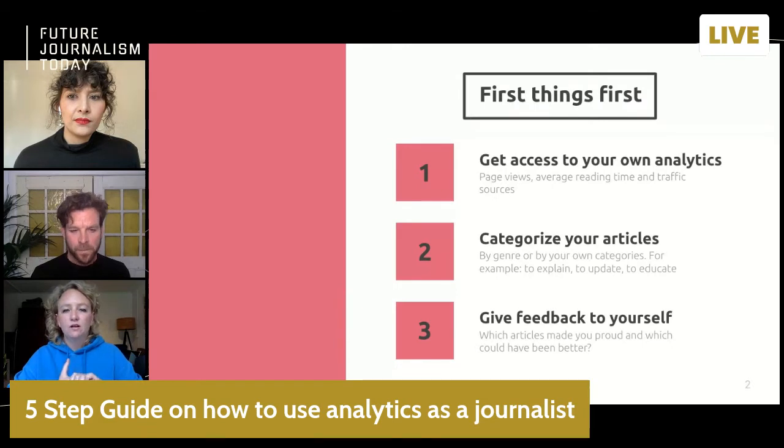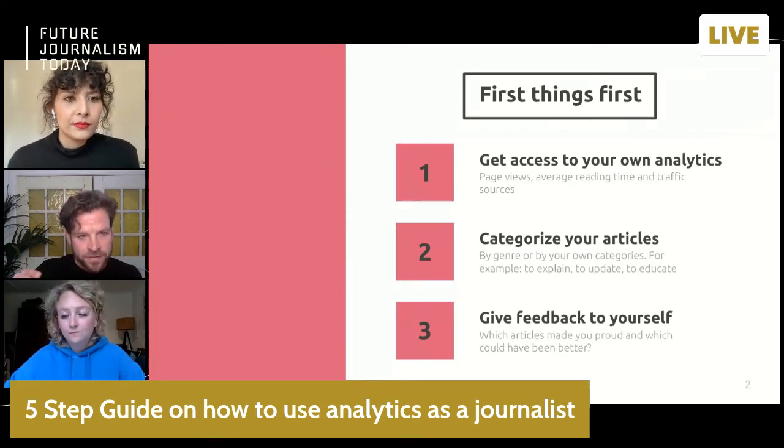So you have a little bit of an overview of what kind of articles you write and how successful they are. That's the first feedback you get: what kind of genres get a lot of page views or reading time, and which don't.